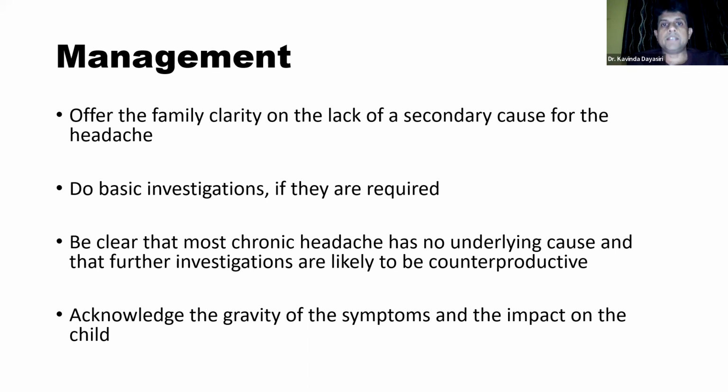So we need to be clear that there is no underlying secondary cause to explain the child's headache. That needs thorough history taking, thorough examination, and appropriate investigation to give them an explanation about the etiology. And we have to be clear to the parents that most chronic headaches have no underlying cause, so we don't need to do an exhausting list of investigations to look at each and every cause.